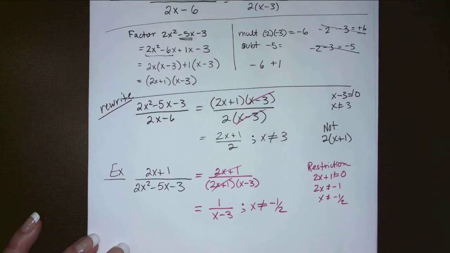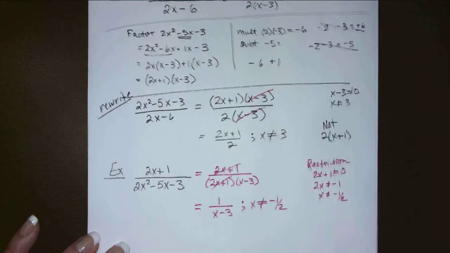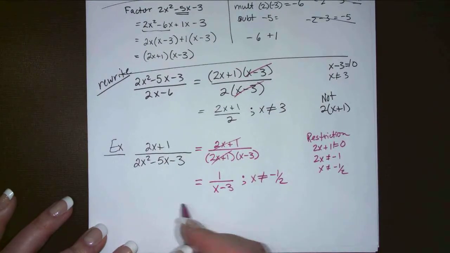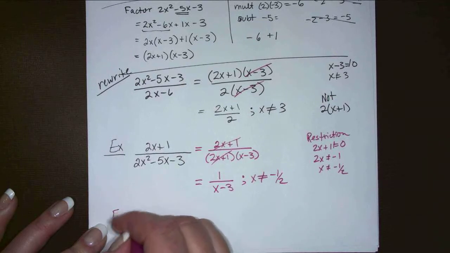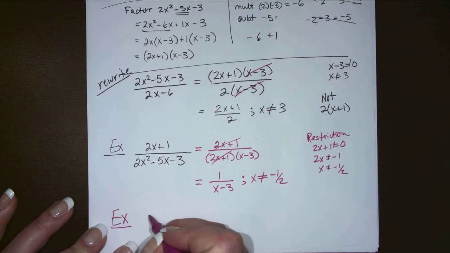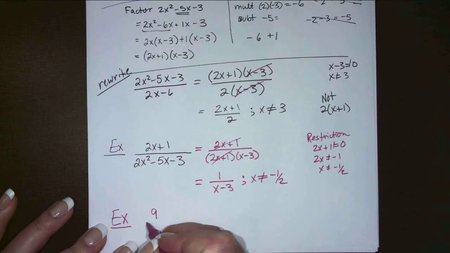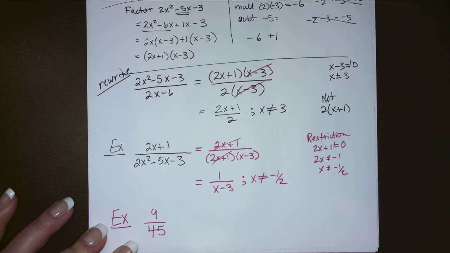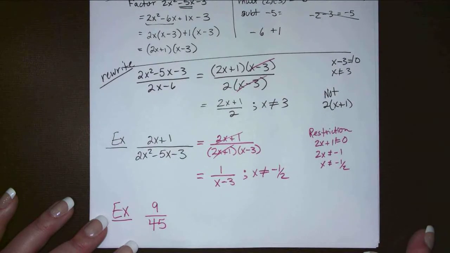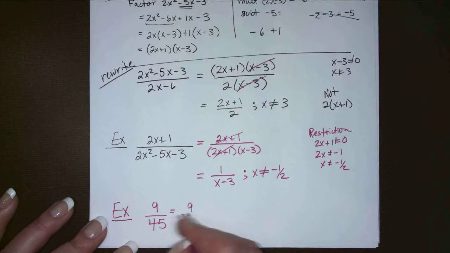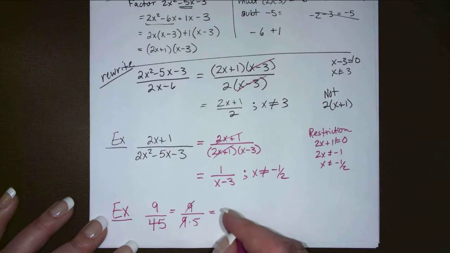Okay, so sometimes you only have to factor one and not the other. For example, if we had 9 over 45, the 9's cancel. This is not equal to 5, it's equal to 1 over 5. Right?